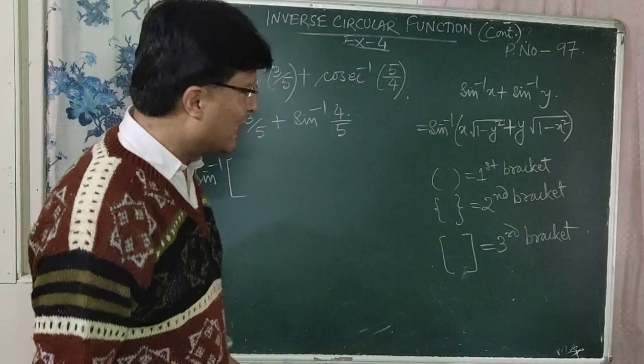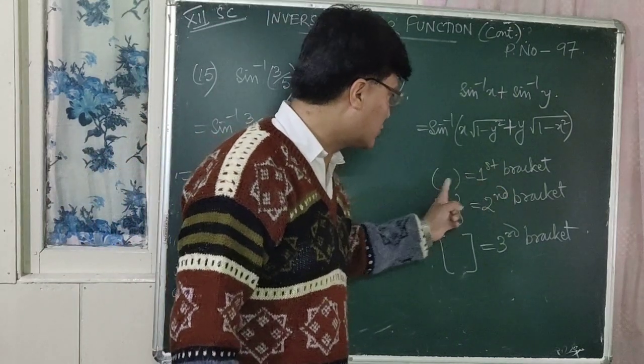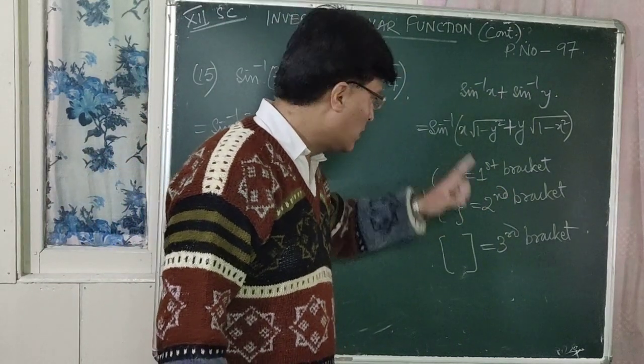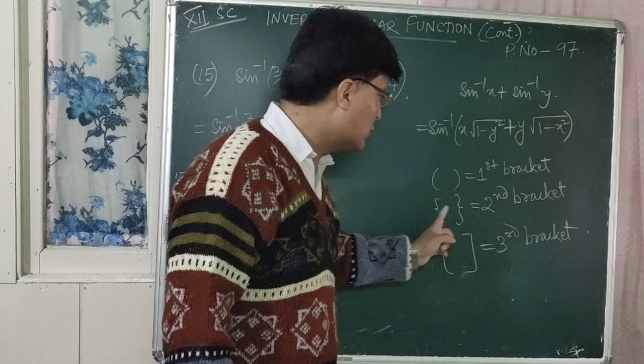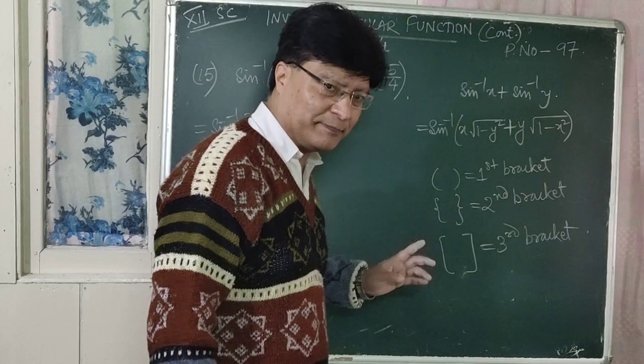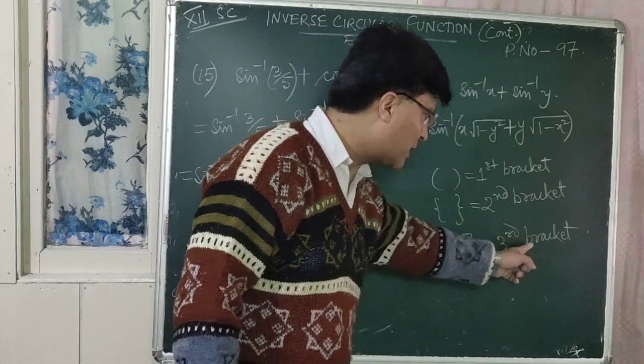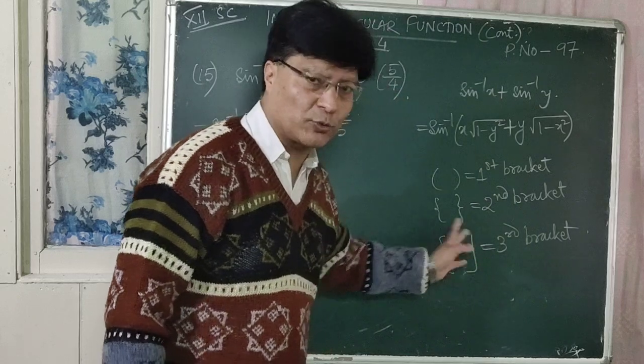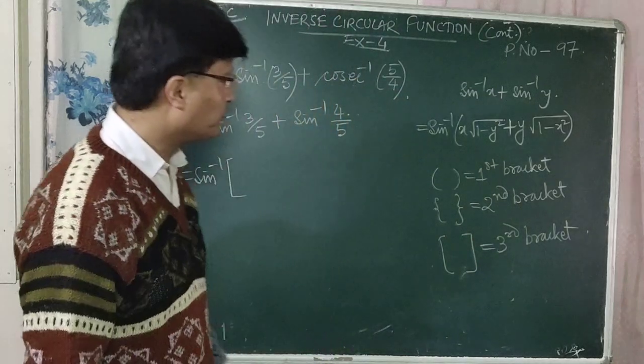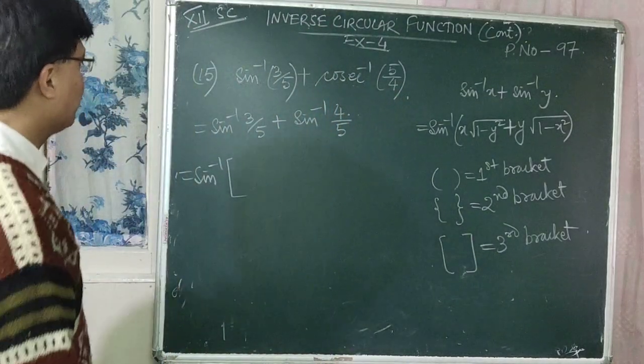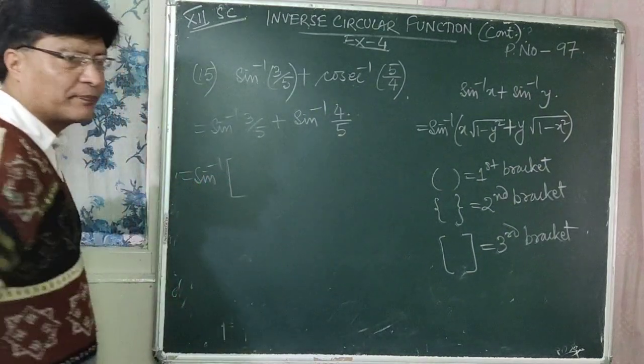So whenever I say first bracket, you should write down this bracket. If I say second bracket, you should write down this curly bracket. If I say third bracket, then you should write this square bracket. Is that clear?